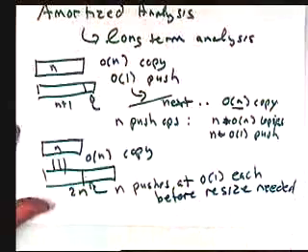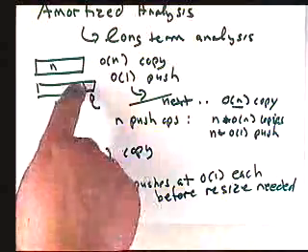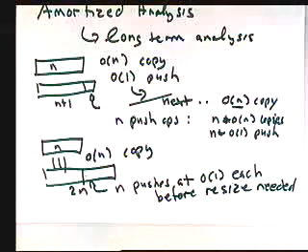And that's the key idea. If I double the size of the array, then I'm able to do n more push operations at constant time each before I need to resize again. Up here, I needed to resize after the very next push. Here, I can get away with n pushes before I need another resize.